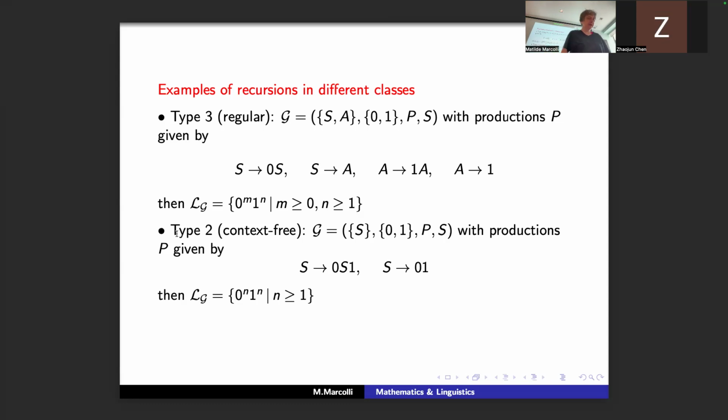And as I said, there was this conjecture very early on in the study of generative linguistics that context-free grammars would be enough to account for the natural languages. And as I said, that conjecture turned out not to be true. One proves that it is not true by exhibiting an example of a recursion that exists in some natural language and that cannot be produced by a context-free grammar.